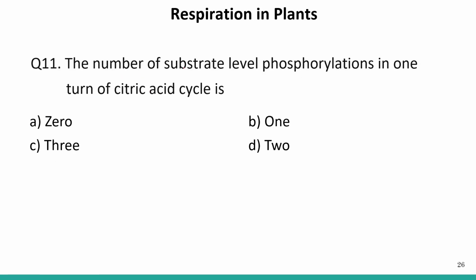The next question is number of substrate level phosphorylation in 1 turn of citric acid cycle. So what is substrate level phosphorylation? It leads to the formation of ATP or GTP. So where does this take place? When succinyl coenzyme A is converted into succinate.